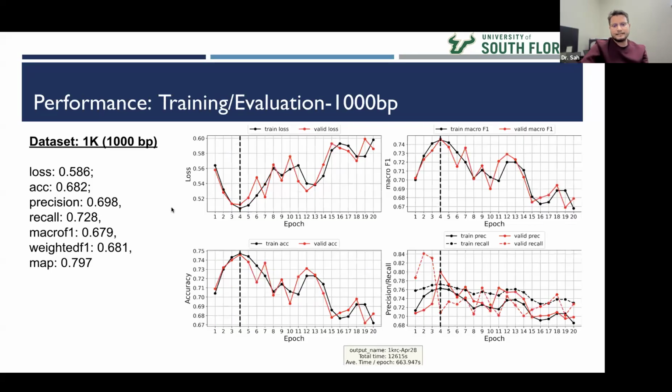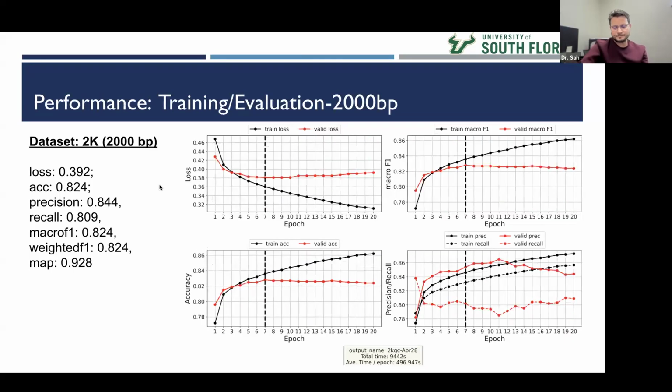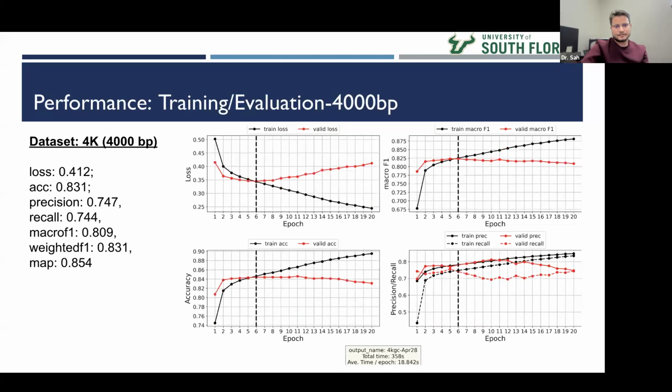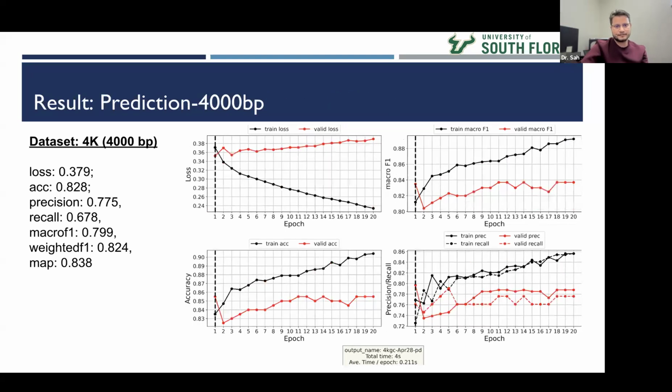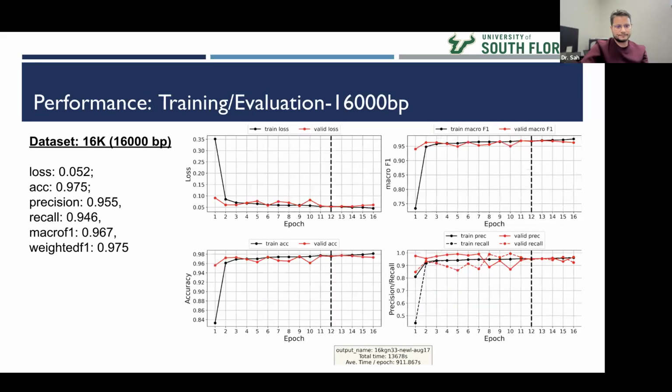In that way, I did a lot of training and evaluation for different lengths: 1000 base pair, 2000 base pair, 4000 base pair, 8000 base pair. And this is the 16,000 base pair, where I could see the loss is minimal, considering the ultra long DNA segment, with acceptable accuracy and all these values close to 1.